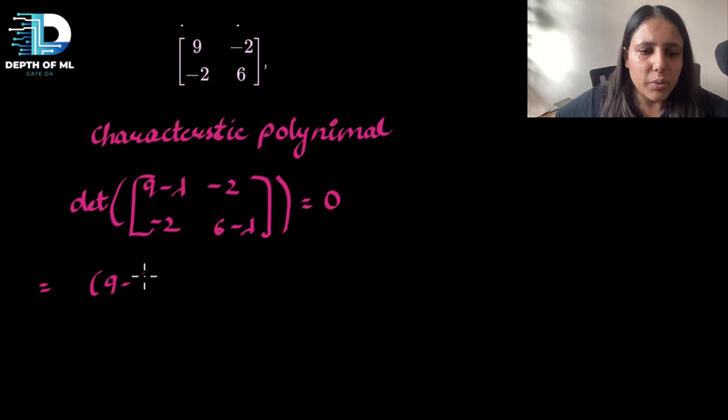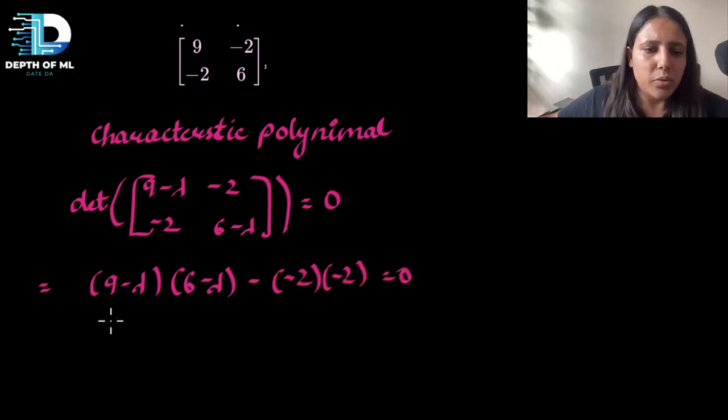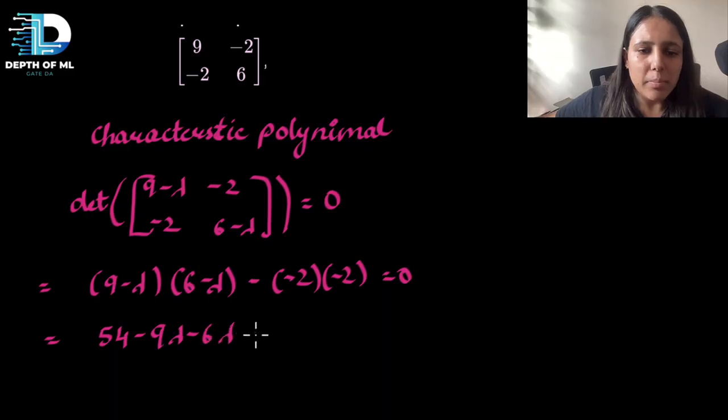We can do it like this: (9 minus lambda)(6 minus lambda) minus (minus 2) into (minus 2) is equals to 0, correct? Now we'll do 9 cross 6 is 54, minus 9 lambda minus 6 lambda, minus, this is minus, so this will become plus, so this is 4, right? Now we'll do 54 minus 4 is 50. I have missed lambda square somewhere.